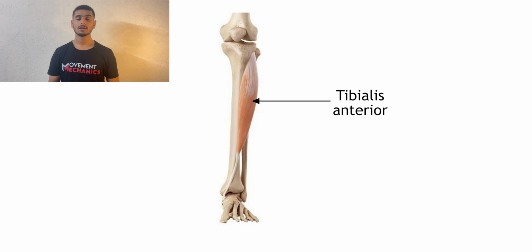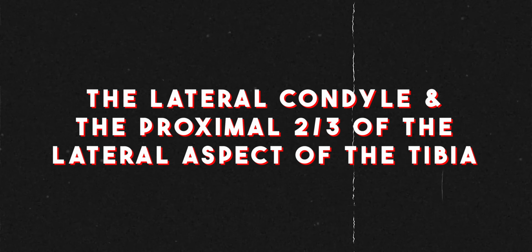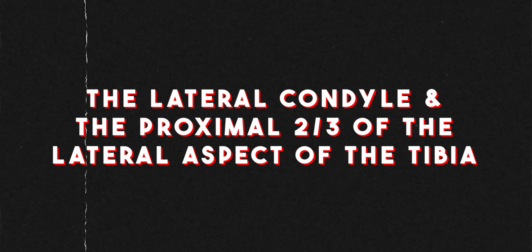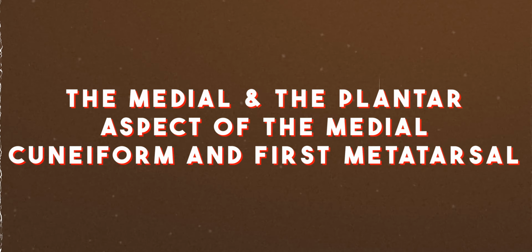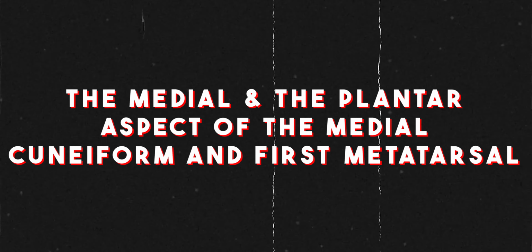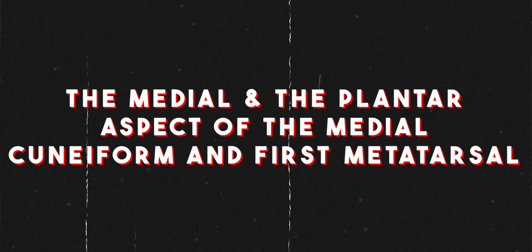Now let's understand the dorsiflexor of the ankle joint, the tibialis anterior. The tibialis anterior originates from the lateral condyle and the proximal two-thirds of the lateral aspect of the tibia, whereas it inserts at the medial and the plantar aspects of the medial cuneiform and of course the first metatarsal.